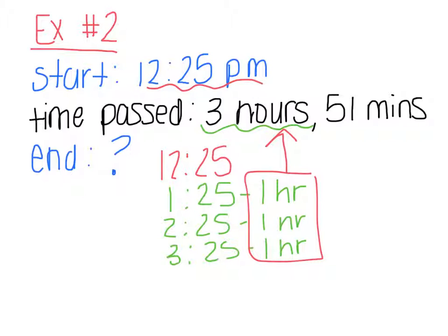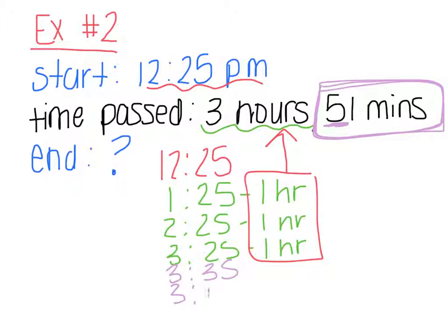And now I need to also add on 51 minutes. So I'm going to do this by counting by tens. I think that's easier. So I'm going to start from 3:25 and count tens until I get 50 minutes. So 3:35, 3:45, and I'm going to continue up here. 3:55.